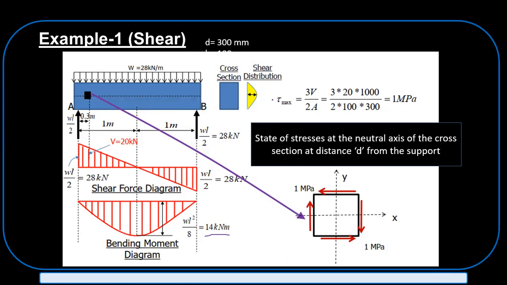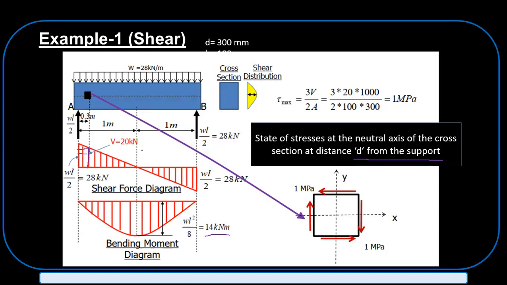They usually take the maximum shear at a distance d from the support in designs, right? That's the reason. So if you consider the d distance, you can take it from similar triangles. Your shear at distance d will be 20.